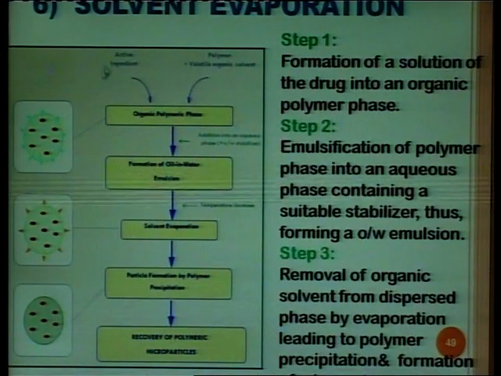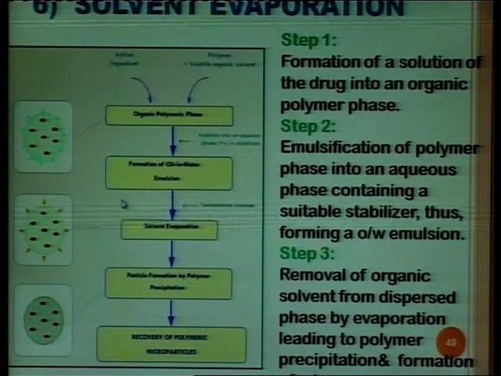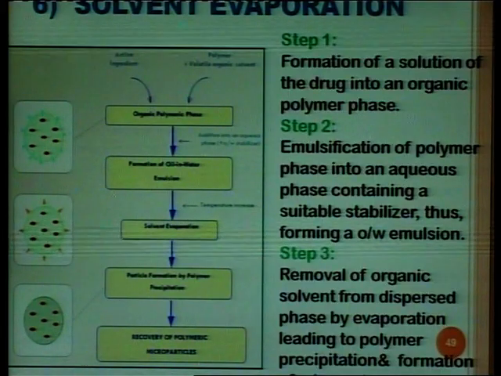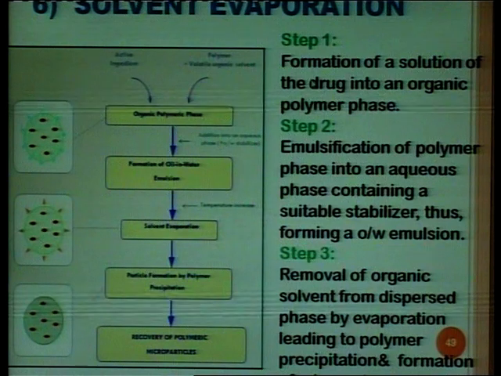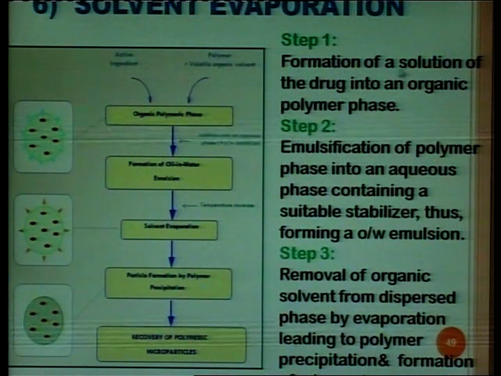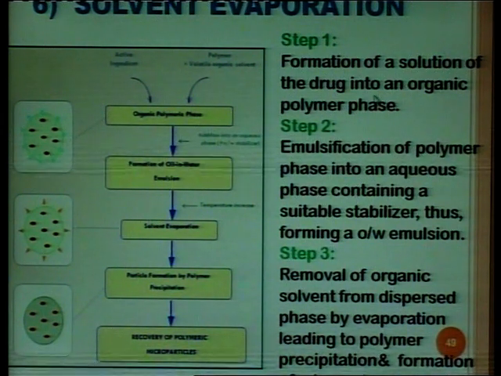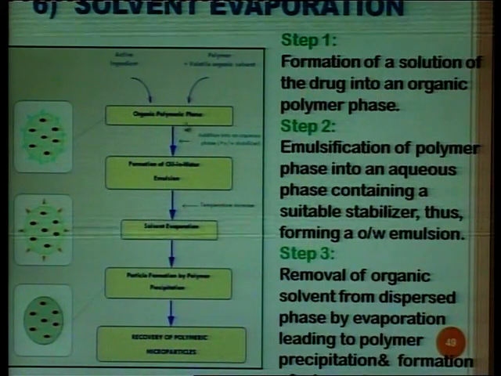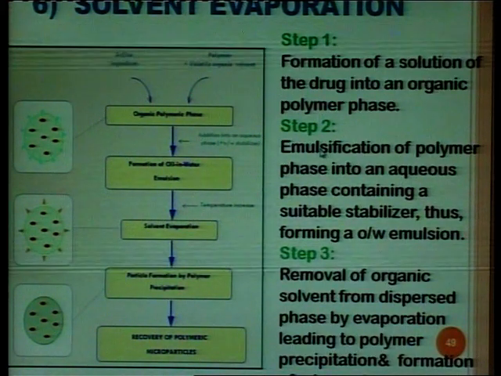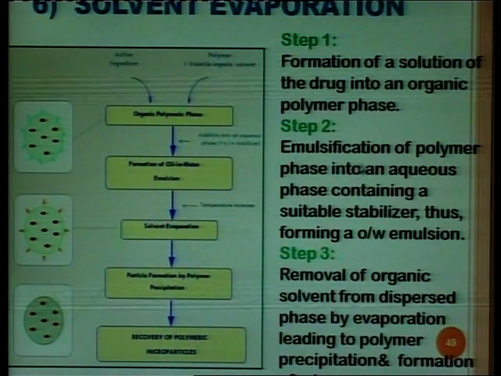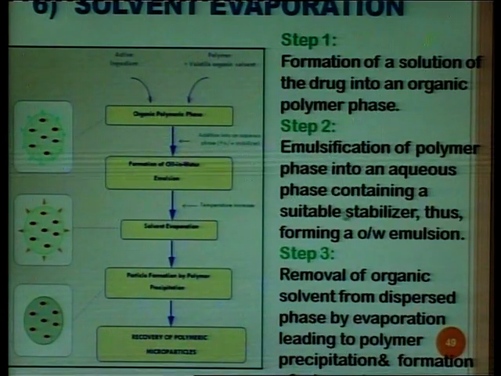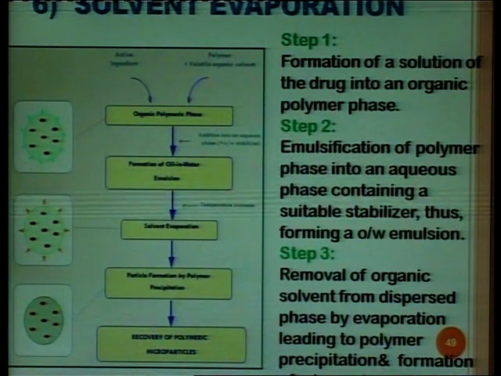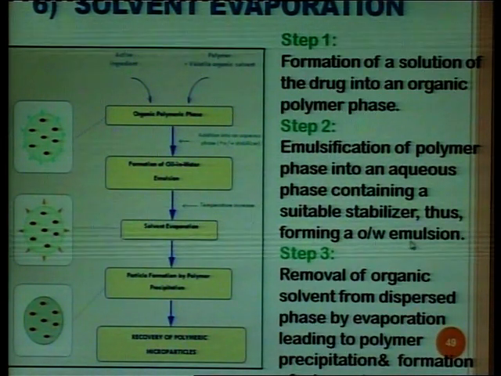The next microencapsulation technique is the solvent evaporation technique. It has 3 steps. The first step is formation of a solution of the drug in an organic polymer phase. The second step is emulsification of the polymer phase into an aqueous phase containing a suitable stabilizer, thus forming an O/W, oil in water, emulsion.